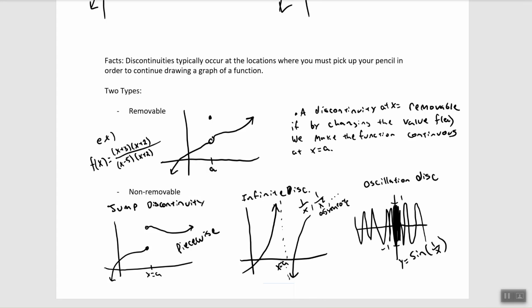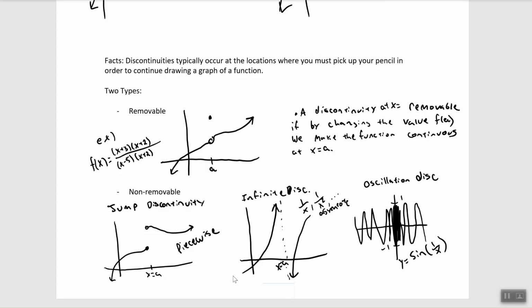But because you can cancel the x plus 2 in the denominator with the x plus 2 on top, you can effectively remove the discontinuity. This is just a little extra information, but these pictures really explain what these discontinuities are.